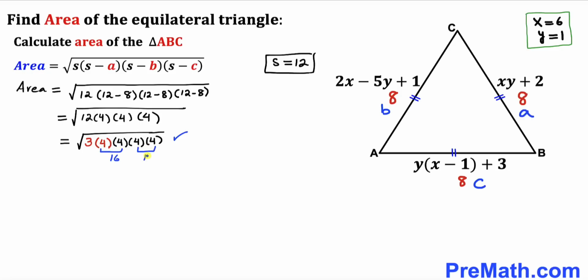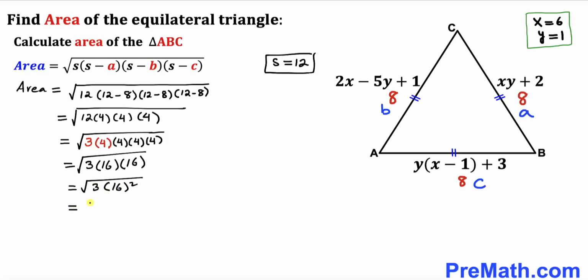Likewise, this is going to give us 16 as well. So this could be written as the square root of 3 times 16 times 16. And this also could be written as the square root of 3 times 16 whole square.